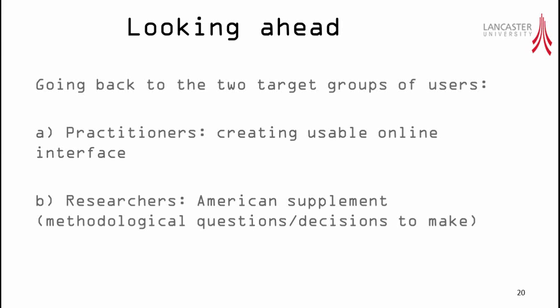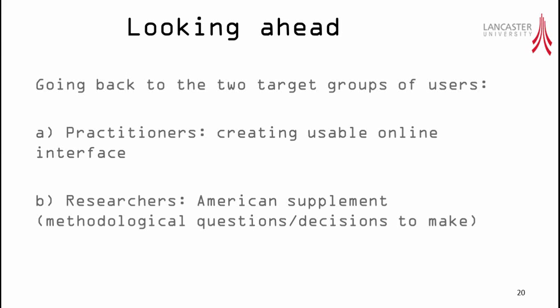Going back to the original purposes of the general service list and the new general service list as well, we talked about the pedagogical purposes and the research purposes, and the two groups of potential users, the practitioners and researchers. For the practitioners, when we are looking ahead for the future possible applications of the new GSL, we are planning to create an online environment which will enable people to check their own text or texts of their learners against the new general service list, and would give them the text coverage by the new general service list.